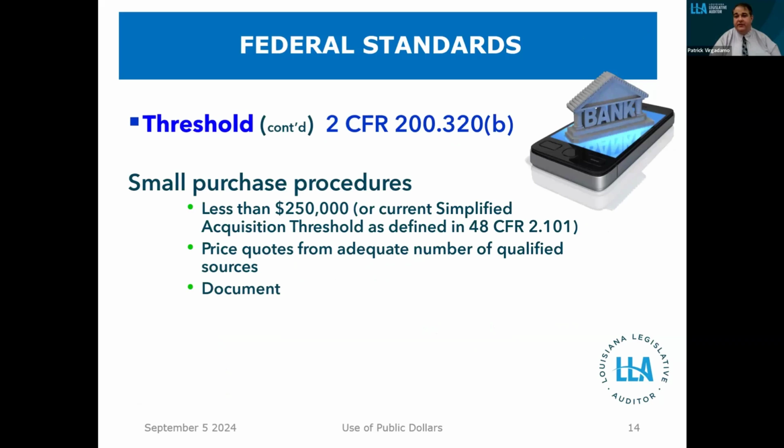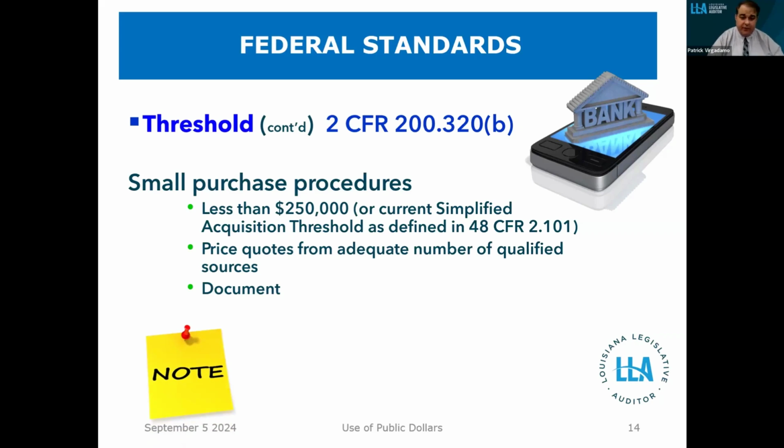Again, this provision, similar to the small purchases executive orders that the governor issues for state agencies under the procurement code, may specify specific rules for specific types of procurement, like feed, agricultural expenditures, things of those sorts that are very particular in nature. However, generally speaking, for small purchase procedures, you have to get quotes from an adequate number and document those. It is going to be much stricter requirements than it would be for those micro purchases.